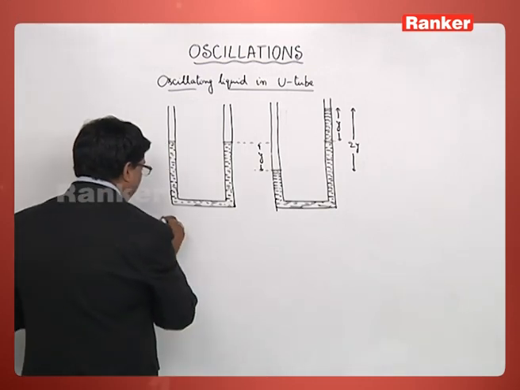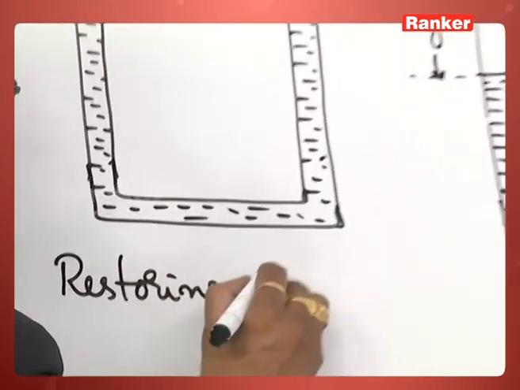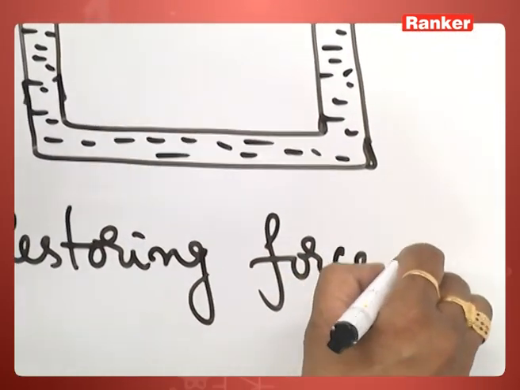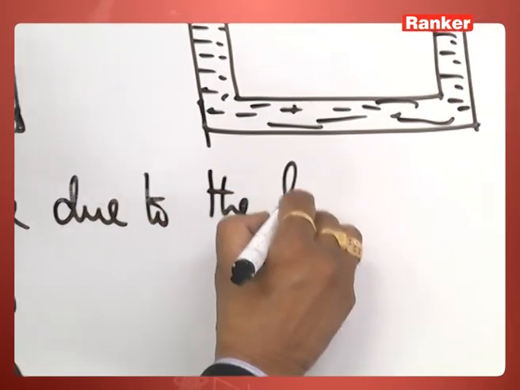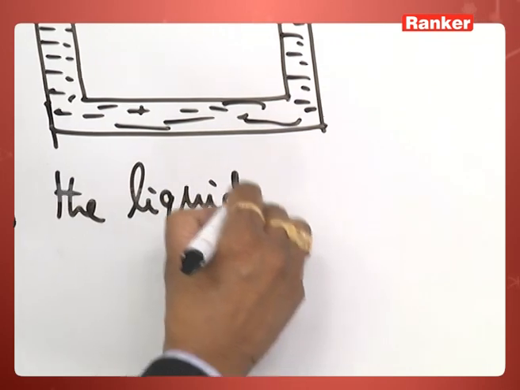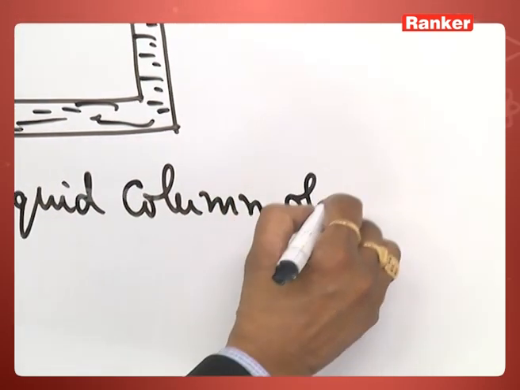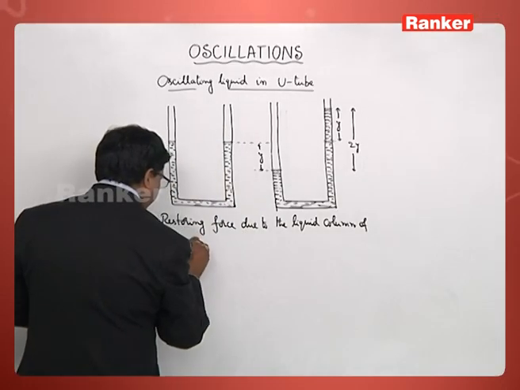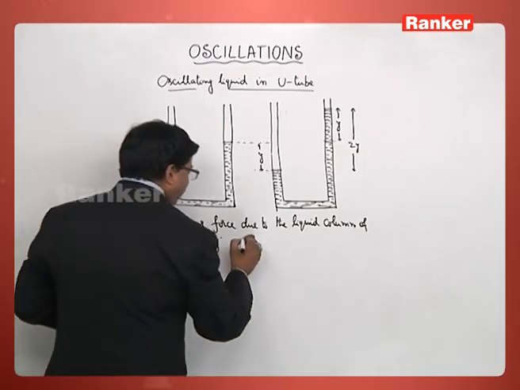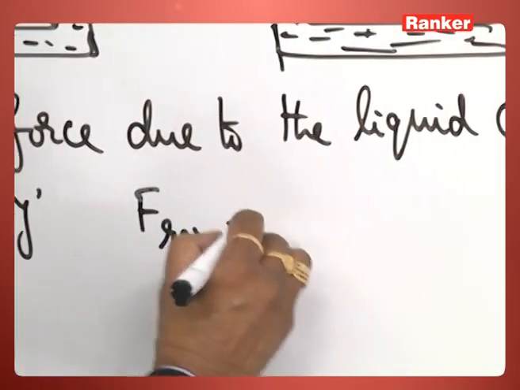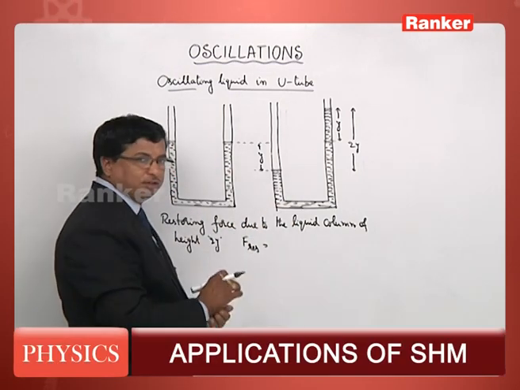Restoring force due to the liquid column of height 2Y can be written as pressure into area of cross section.